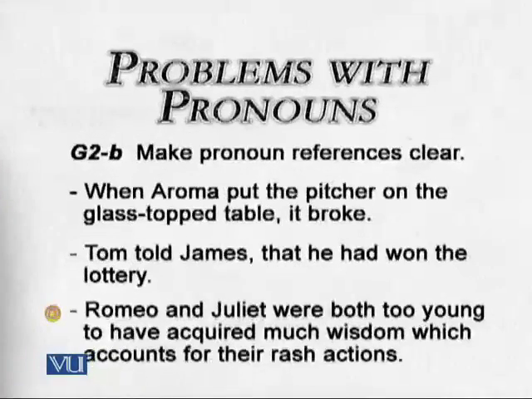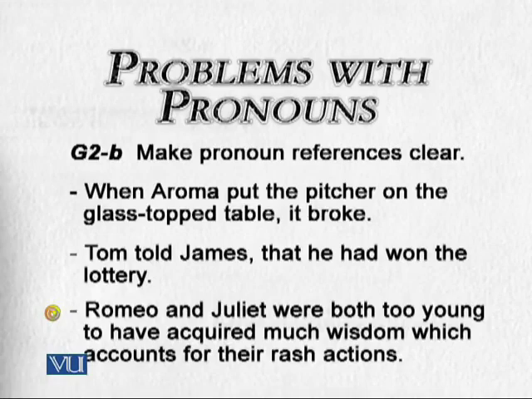Third example: Romeo and Juliet were both too young to have acquired much wisdom, which accounts for their rash actions. Now, this one, the first part, which talks about Romeo and Juliet not being that wise, is not a fact, I mean to say an absolute truth. It's somebody's statement, perhaps.